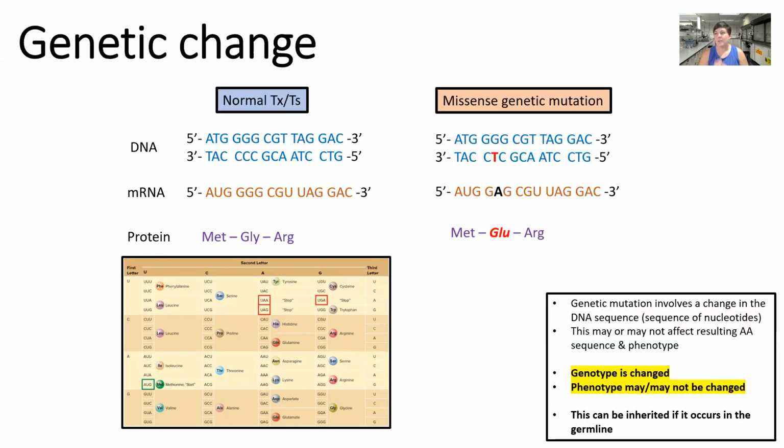The reason I use a missense mutation, just a reminder, is that if you're qualifying phenotype as the amino acid sequence, then yes, your phenotype was changed. But remember that true phenotypic change depends on a lot of things. So if glycine and glutamate were both acidic, then your resulting protein might actually not have changed.